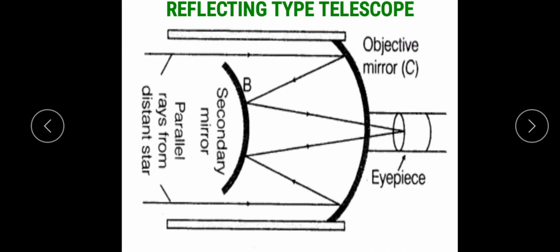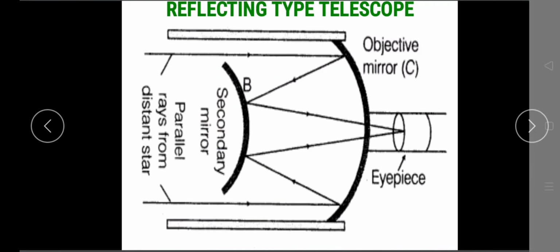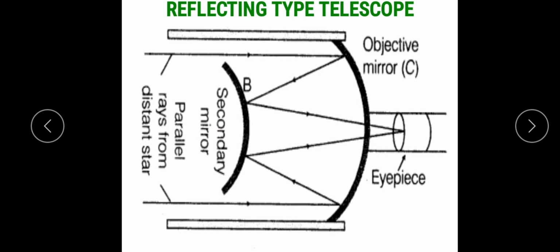This mirror is trying to converge these rays at a particular focus, because reflection takes place at this mirror. But before converging at this point, they are reflected by a secondary convex mirror. See here, one more convex mirror is present, this secondary convex mirror.